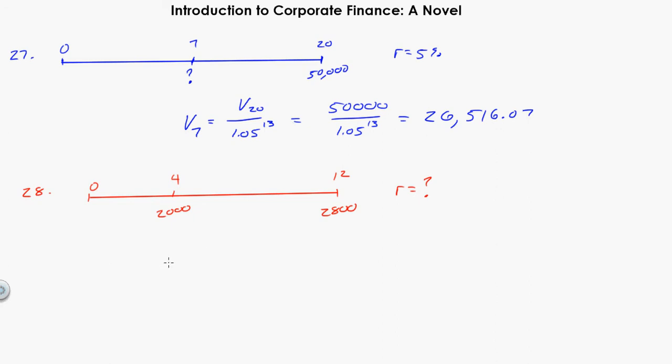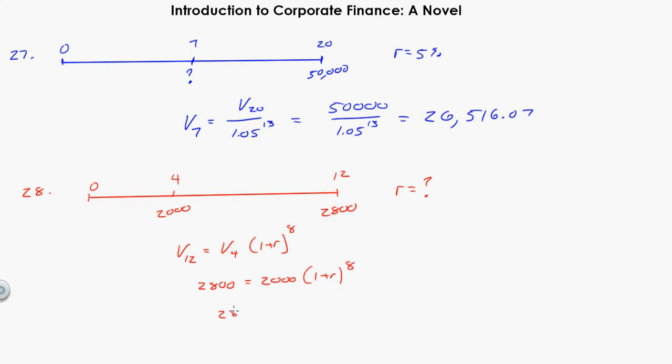The way I will set this up, I'll say the value at year 12 is the value at year 4 times 1 plus r to the 8th, right? Because I'm going 8 forward or 8 back, however you want to look at it. So 2,800 is equal to 2,000 times 1 plus r to the 8th.